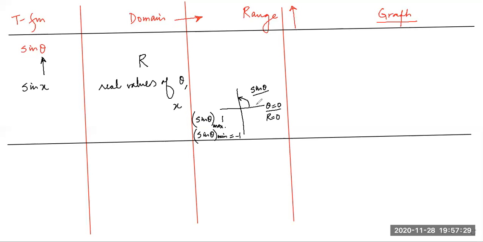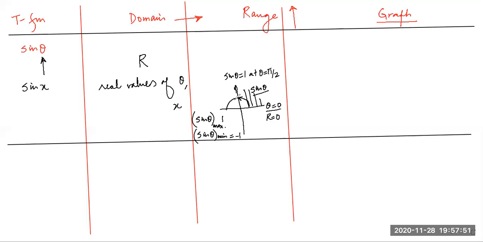Why? Because perpendicular is increasing. And this is the point where perpendicular becomes equal to the hypotenuse, making sine theta 1 at theta equal to pi by 2.